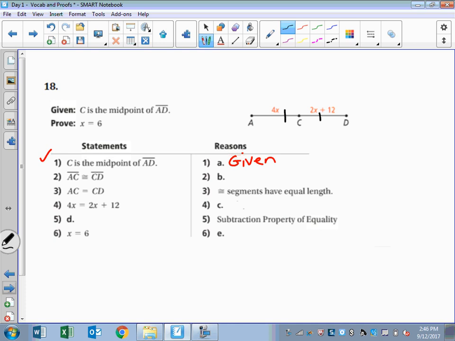Well, if C is the midpoint, so C is in the middle, that would have to mean that the other parts are equal to each other because they're split in half. So AC is congruent to CD, well, because that's the definition of a midpoint. So definition of midpoint.